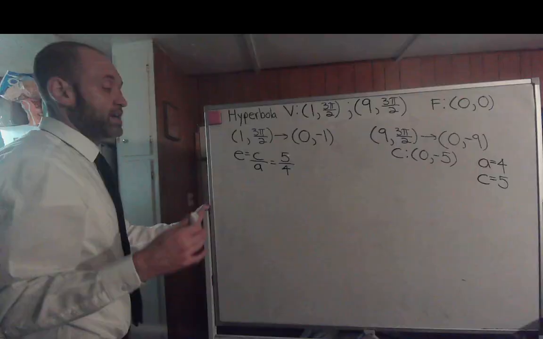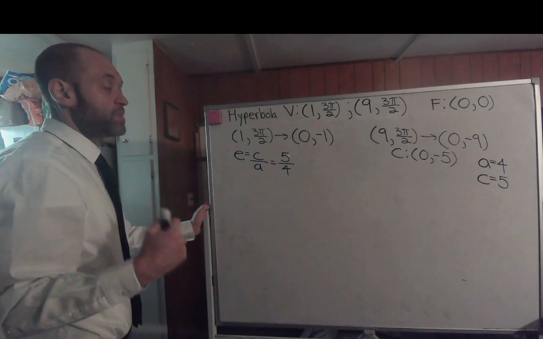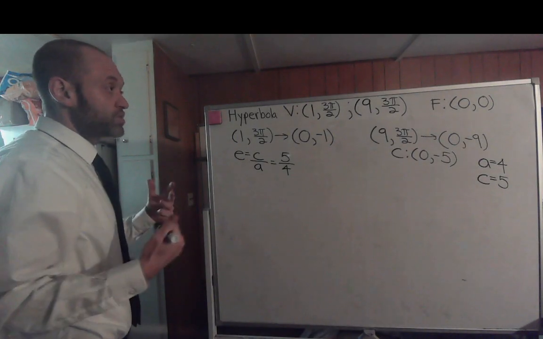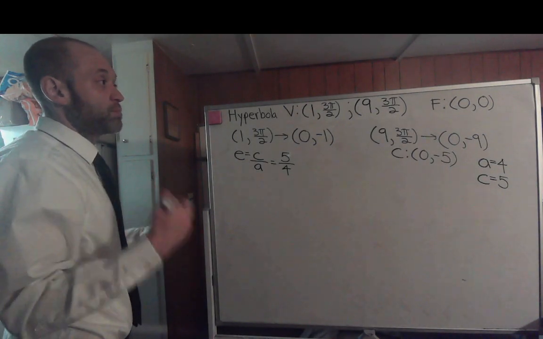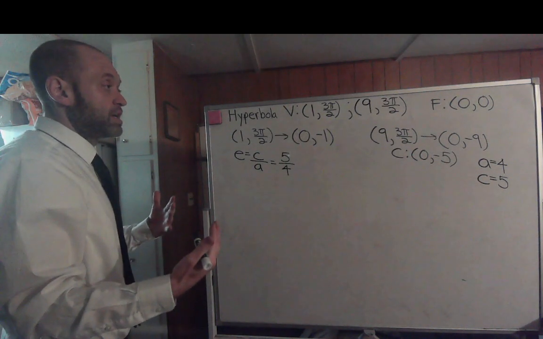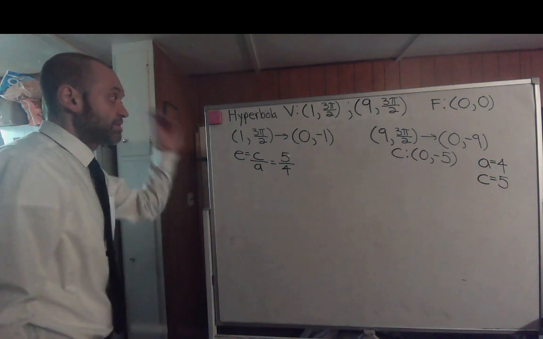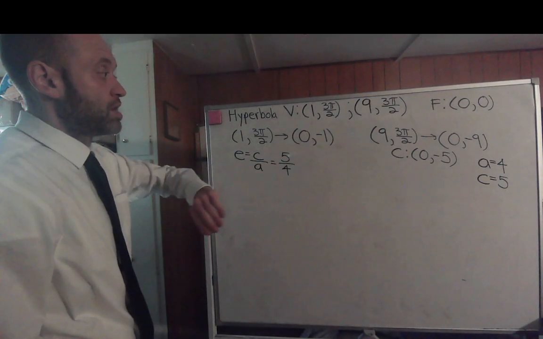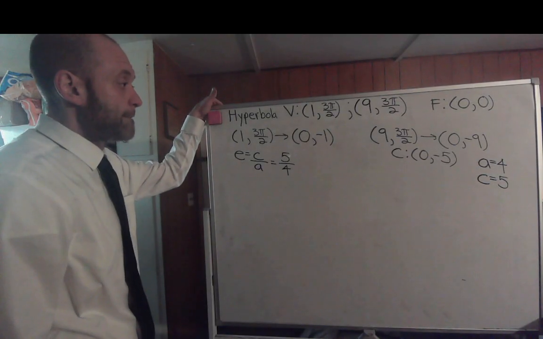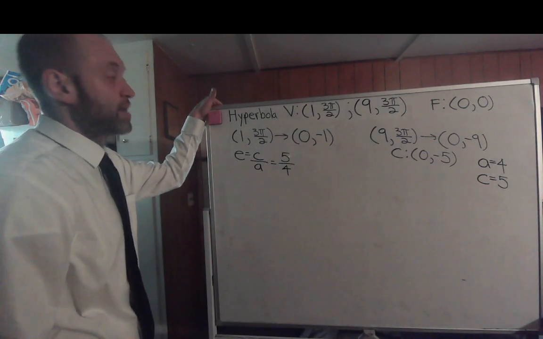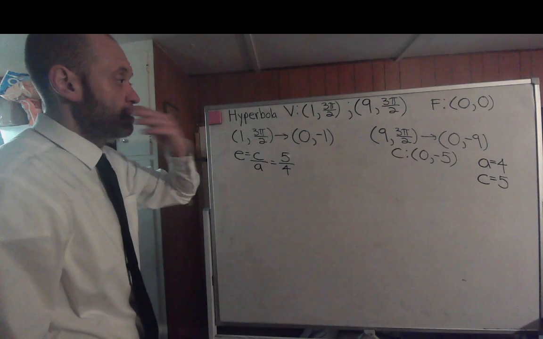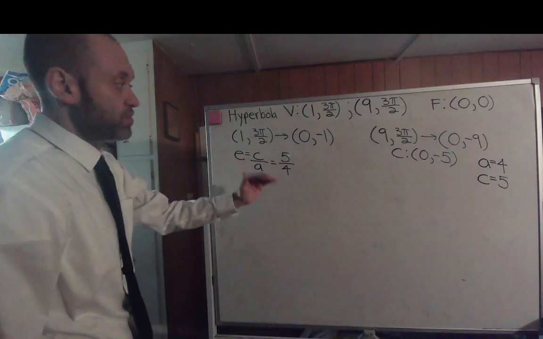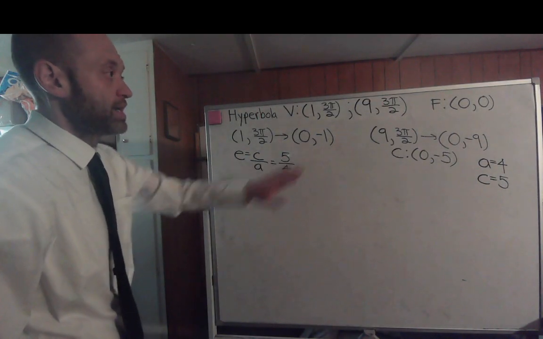Why don't we then work on finding that directrix? We know the directrix is going to have to occur somewhere beyond the vertex. It would have to occur below it, because the vertex is in between the focus and the directrix. So it'll be below this point.